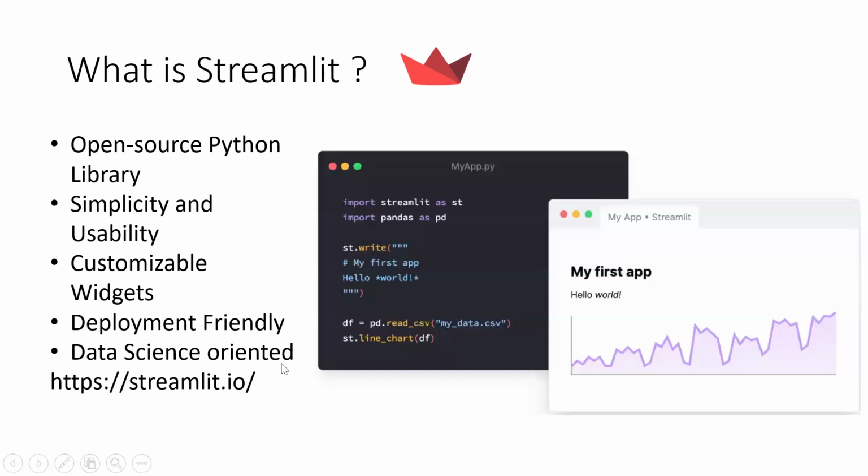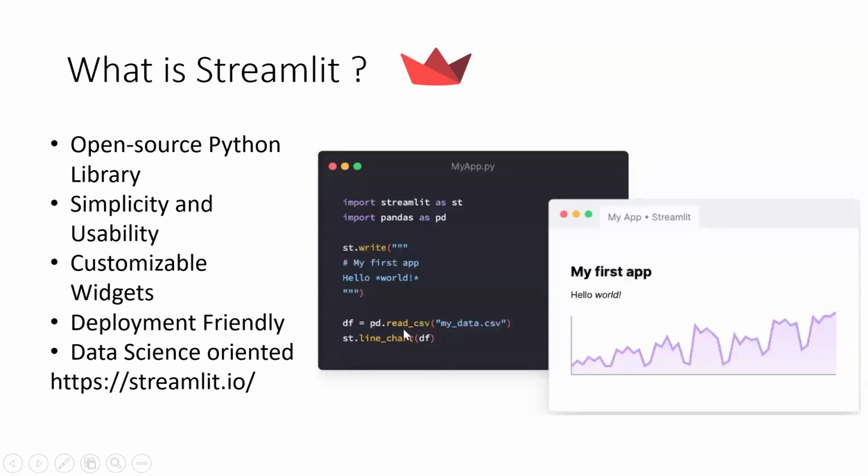What does that mean? As a data scientist, a couple of times we need to show the data on the screen. For example, you can see just these two lines of code help us create this line chart.